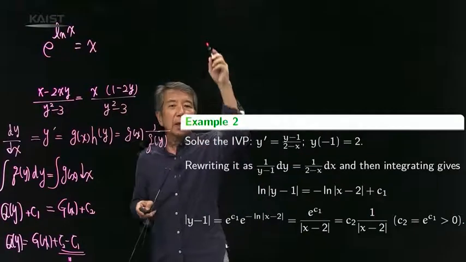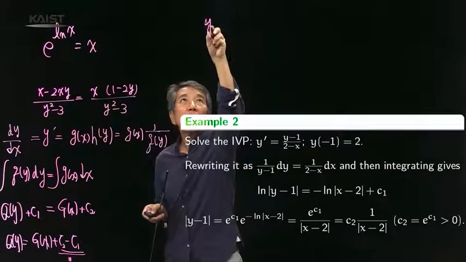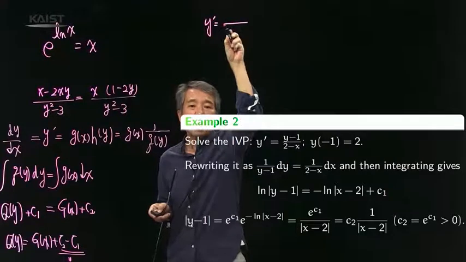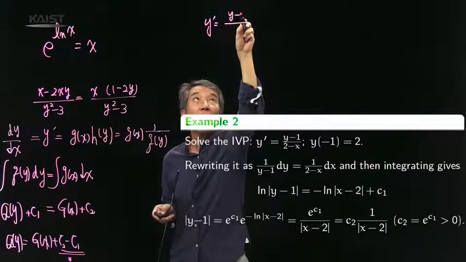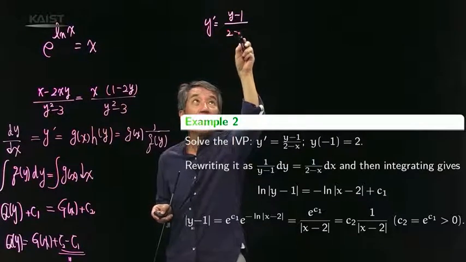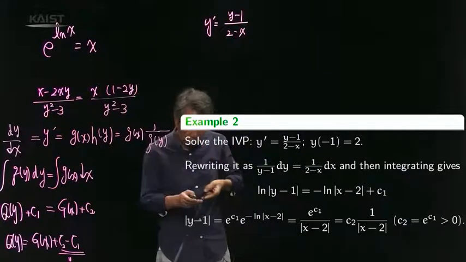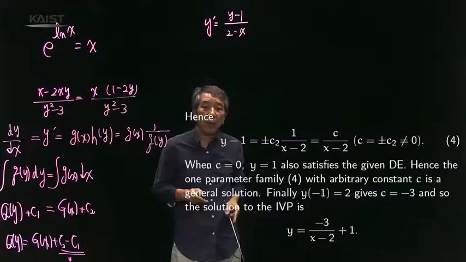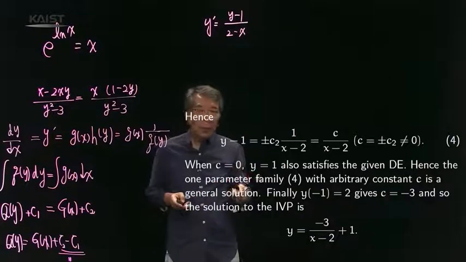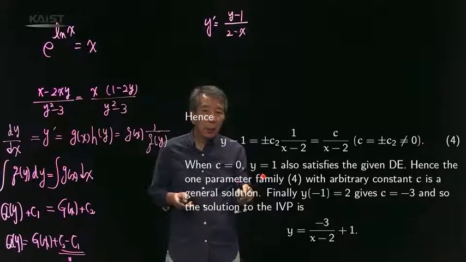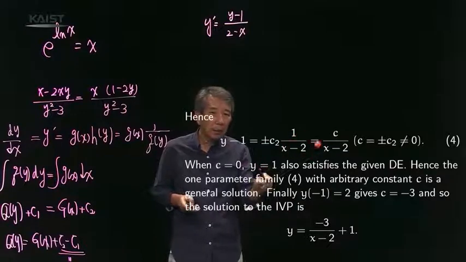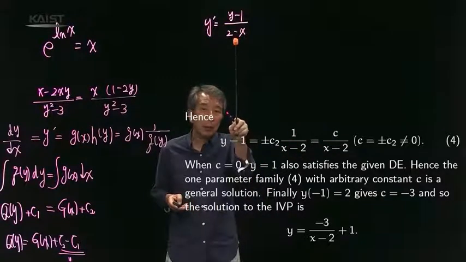Let's remind you of our original differential equation: y prime is equal to y minus 1 over 2 minus x. So I claim that y identically equal to 1, which we obtain by setting c equal to 0 in this expression, is the trivial solution to this differential equation.